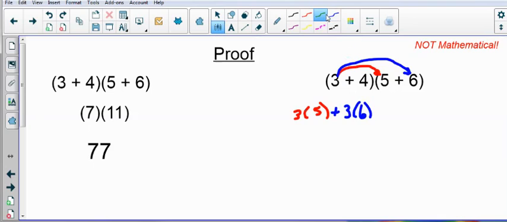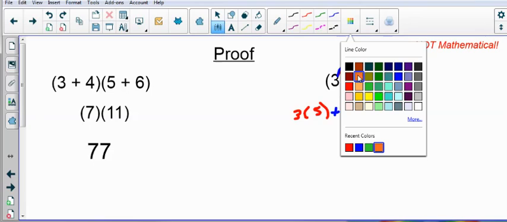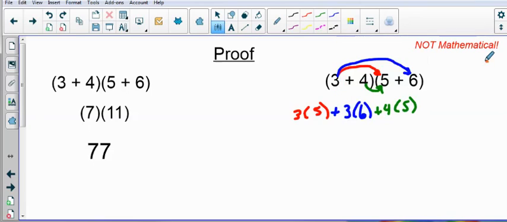Then we're going to take B times C. Again, positive times a positive is a positive. That's 4 times 5. And then finally, we're going to take B times D. Positive times a positive is positive, so 4 times 6.